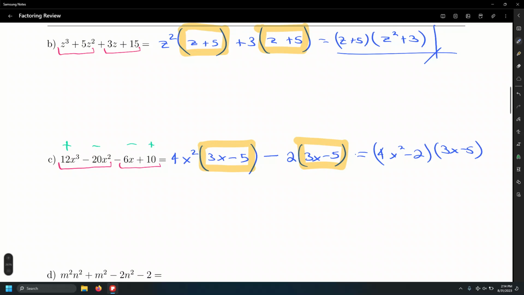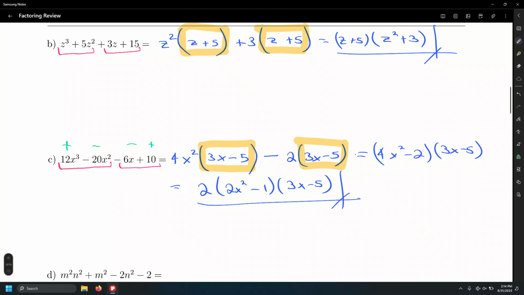And we may think we're done with it because, yes, we factored out the very last greatest common factor. However, notice how this factor has another greatest common factor a bit further. That is, they're both divisible by 2. We can factor out a 2 times 2x squared minus 1 times 3x minus 5.